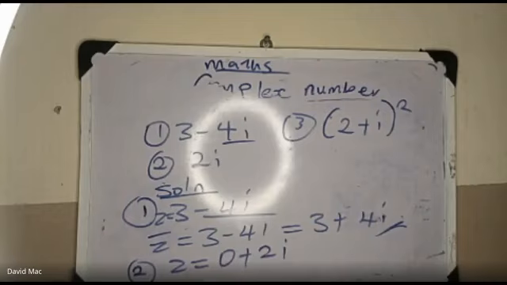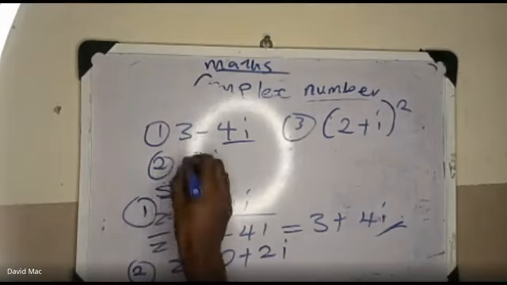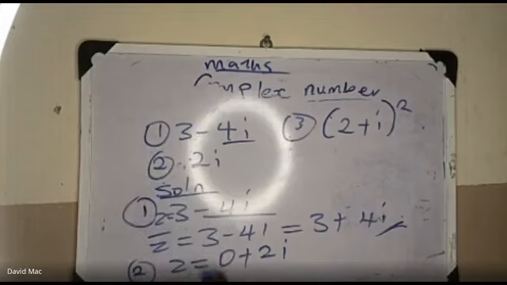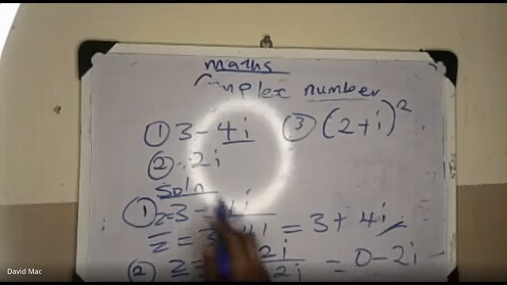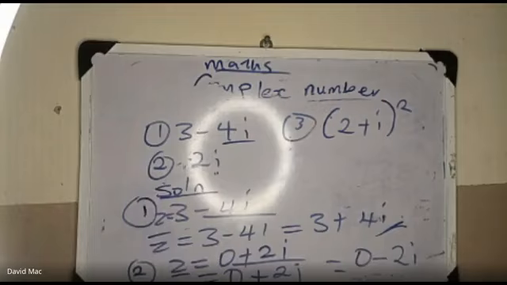If you want to find the conjugate of this number, you change the sign. It will be 0 plus 2i with a bar on it. So what will be the answer? The answer will be 0 minus 2i. So 0 minus 2i is the conjugate of 2i. So we have found the conjugate of 2i.